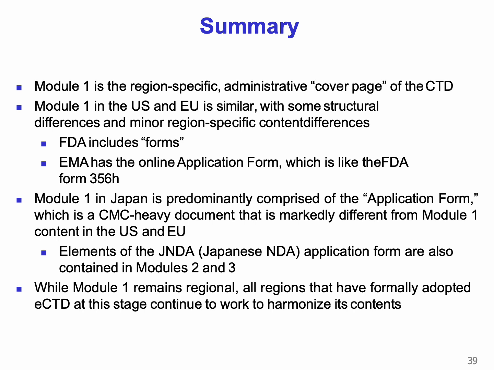So while module 1 remains regional, all regions that have formally adopted eCTD at this stage continue to work to harmonize its content, so modules 2 through 5 are harmonized and applicable to all of the regions.